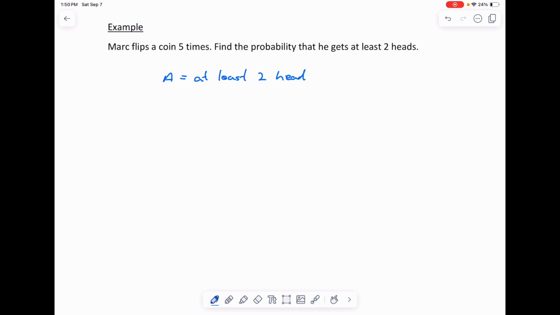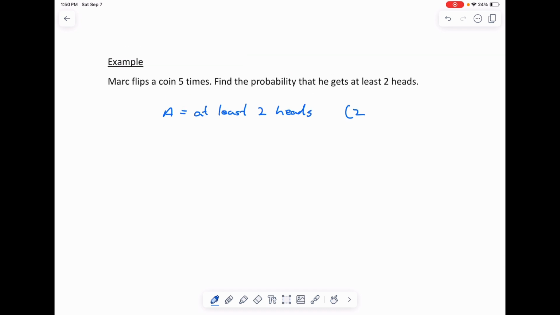Because if I want to find the probability here, it really means 2 or 3 or 4 or 5, because he's flipping this coin 5 times. So I would have to find those 4 probabilities and add them all together. The complement, however, is 0 or 1 head. In other words, less than 2 heads.